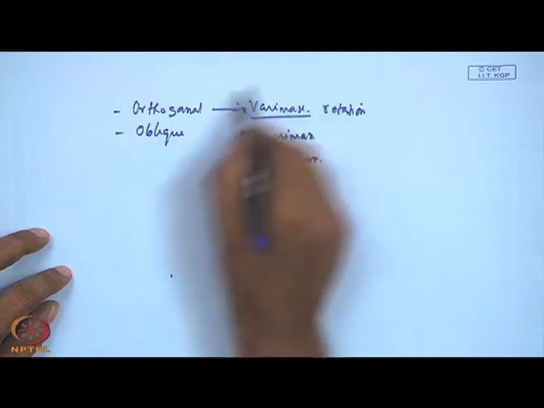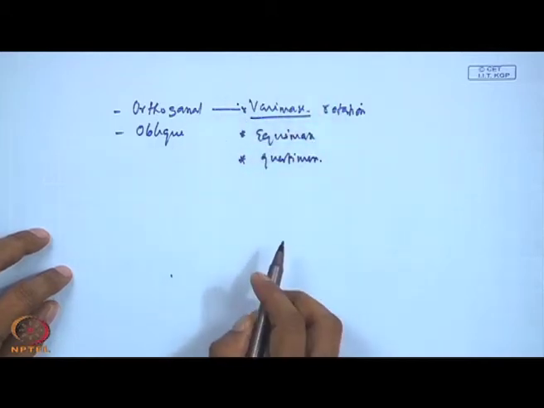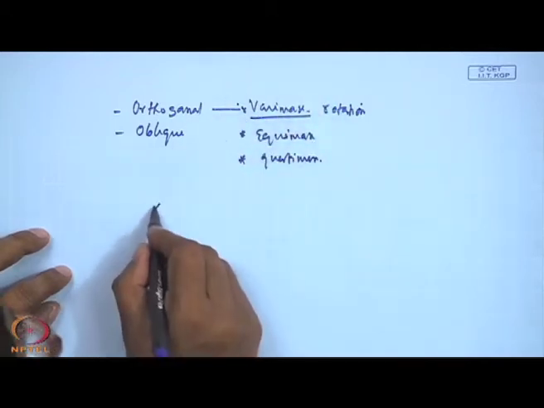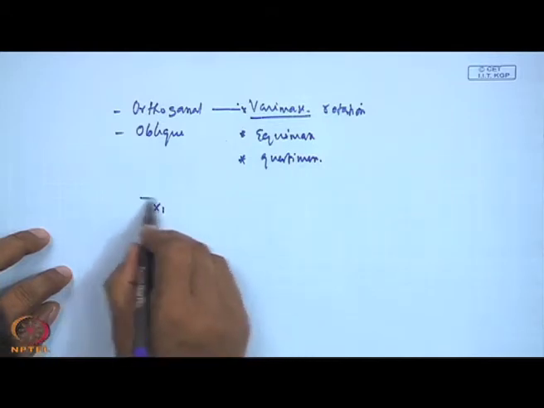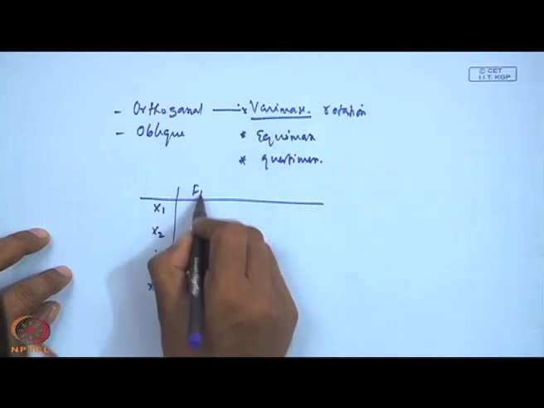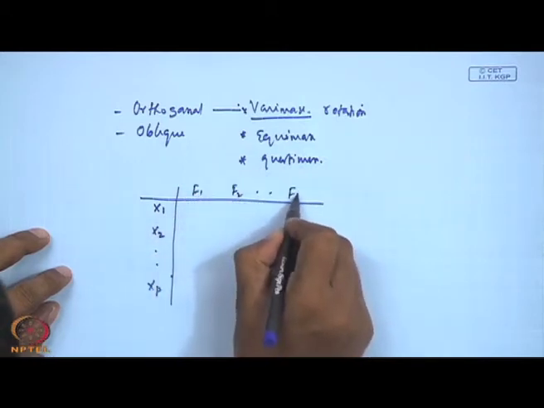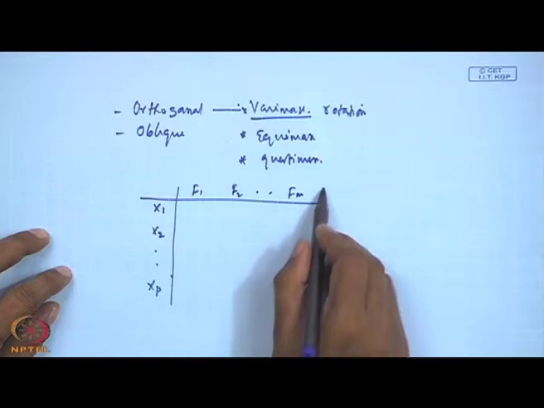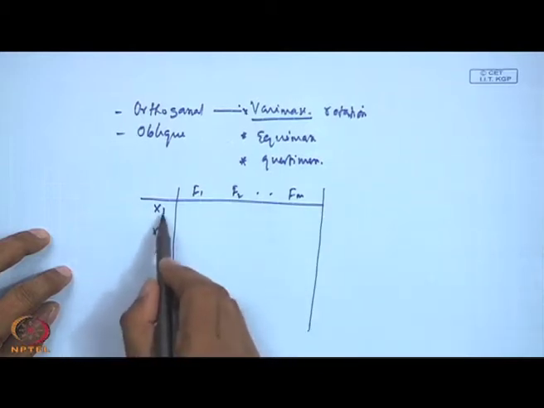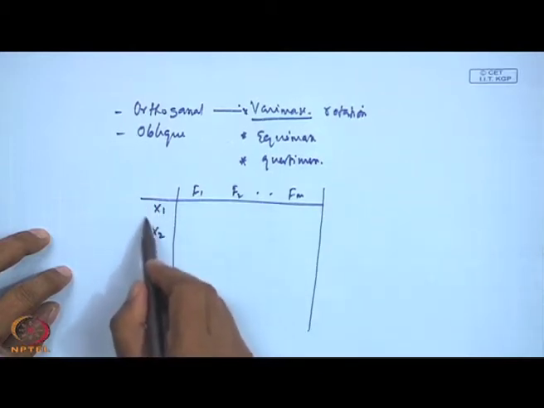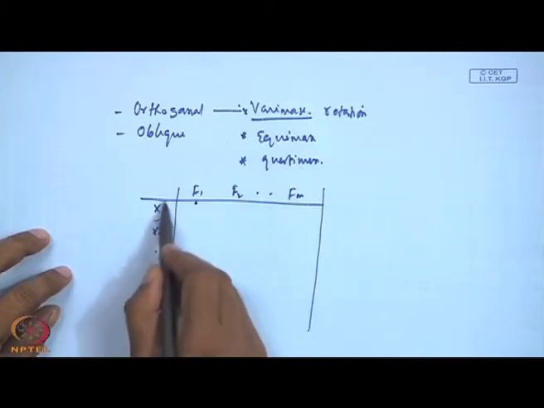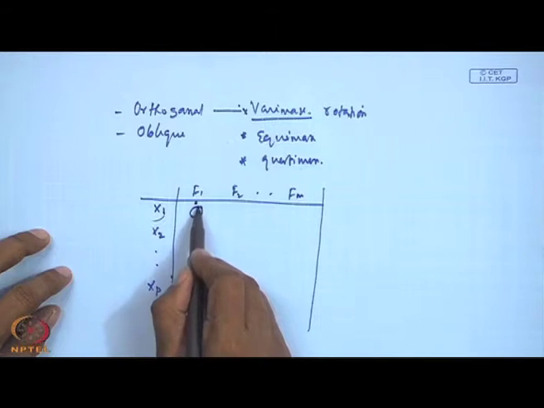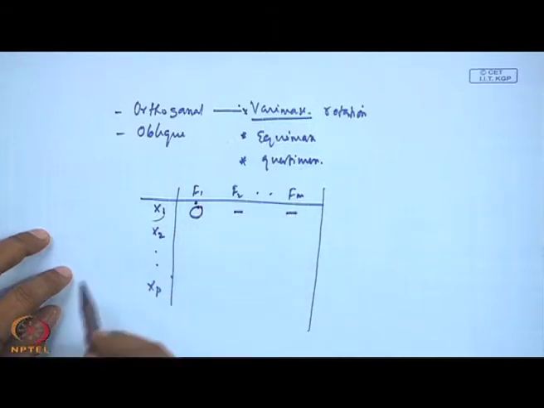but Varimax is more popular, and Varimax basically tries to, suppose if row wise I am putting the x variables and column wise I am keeping f1, f2, the factors, then the purpose of Varimax is that it will try that x1 must be loaded with one of the factors. That means if x1 is loaded with this factor, all other cases it is 0.